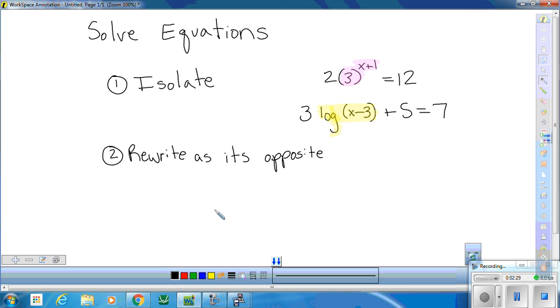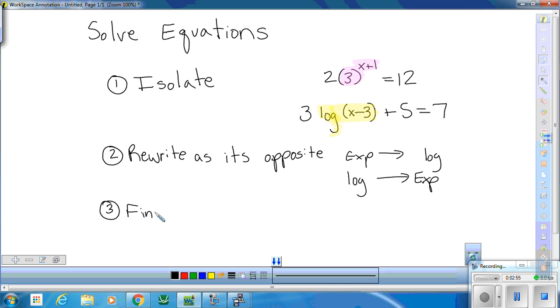If I have a log equation and I rewrite it as an exponential, it gets the variable out of the log, and then I can solve it. So if it's an exponential, you rewrite it as a log. If it's a log, you rewrite it as an exponential. They are opposites of one another. So isolate it, rewrite it as the opposite, and then step number 3 is to just finish solving.